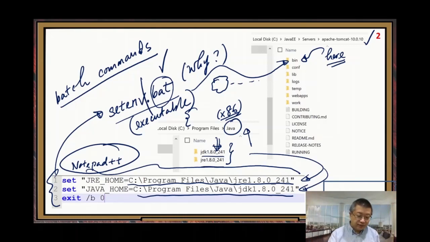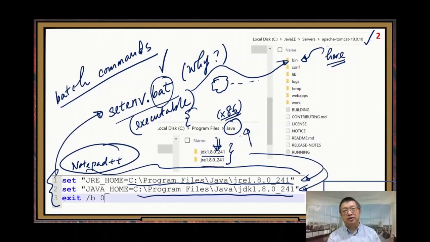So that's the reason we create this file. Let me describe why we use this way; otherwise, although you can make it work, you may not know the details behind it.